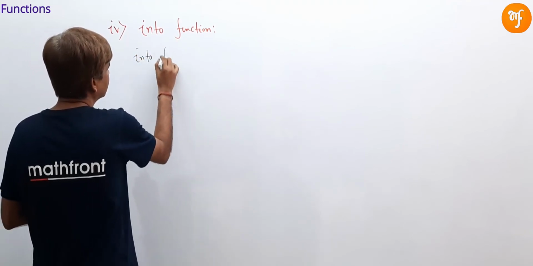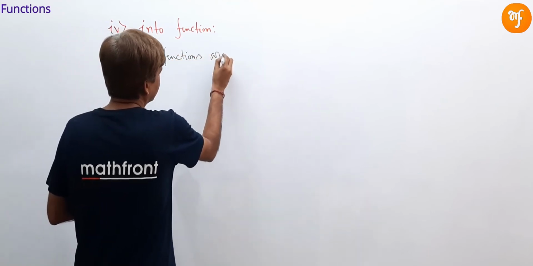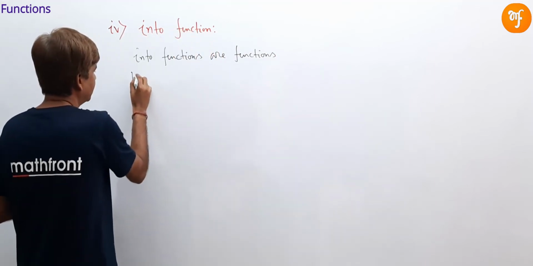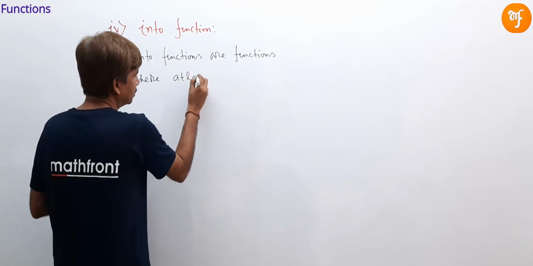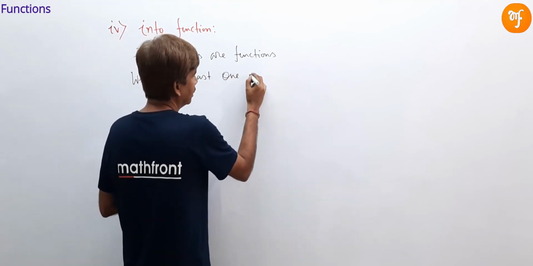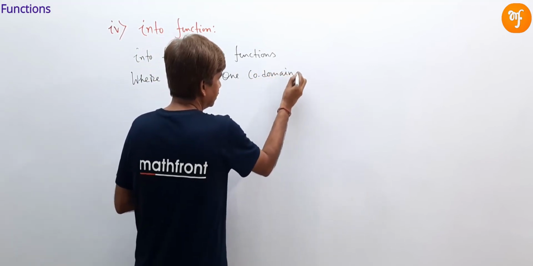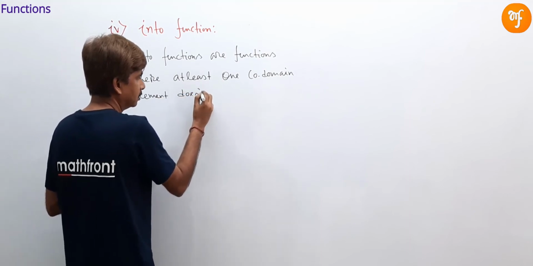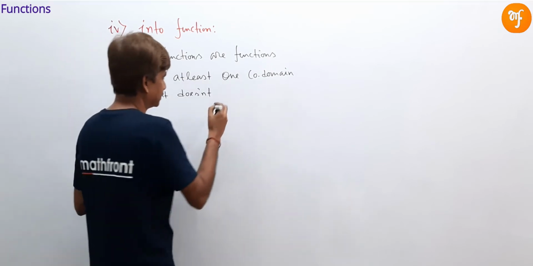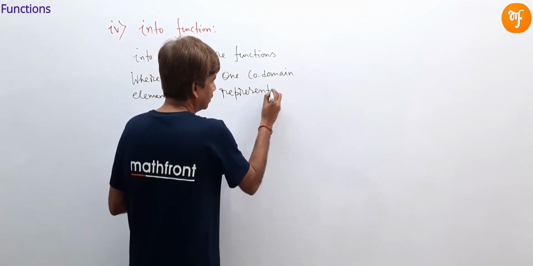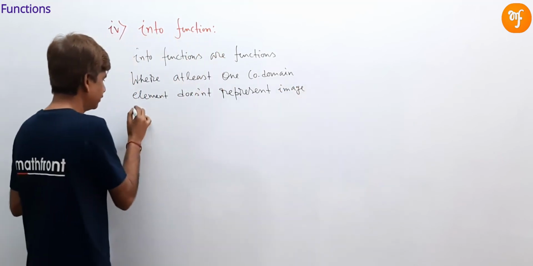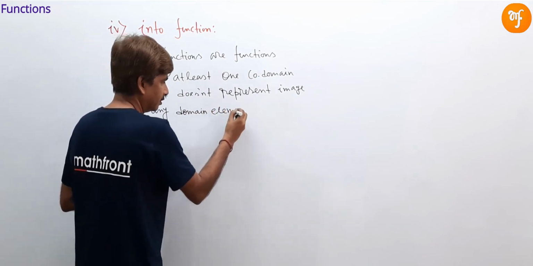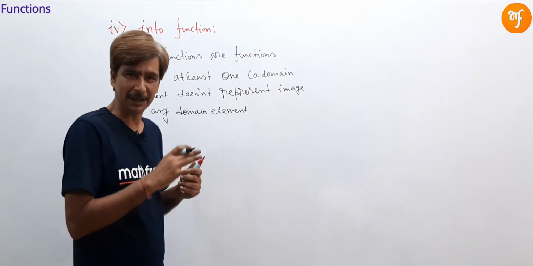Into functions are functions where at least one codomain element does not represent the image of any domain element. Okay, just consider the mapping diagram, then it will be clear to you.